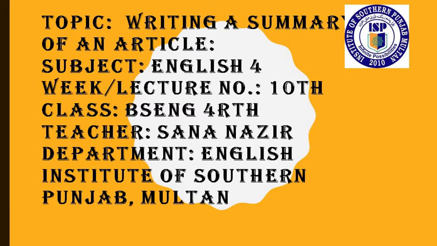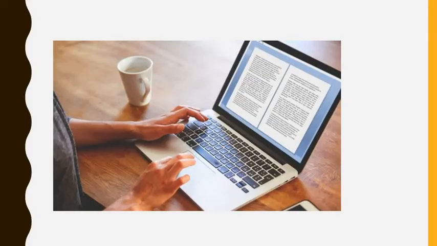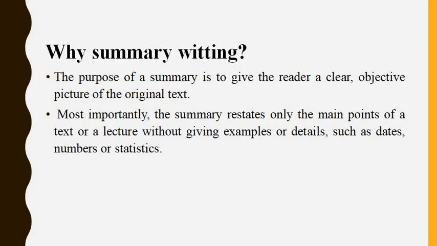First of all, you can see why you need to write a summary, and what is the basic purpose of writing the summary. The purpose of a summary is to give the reader a clear, objective picture of the original text.